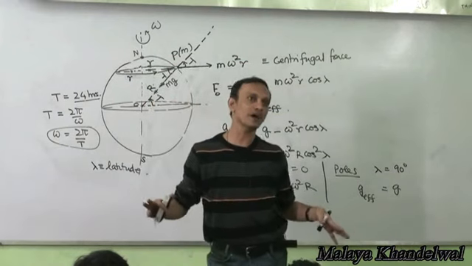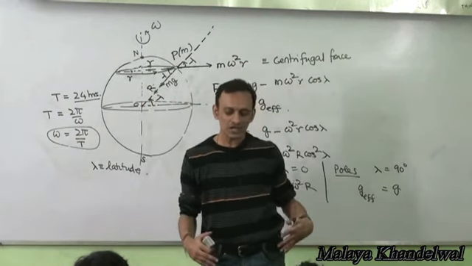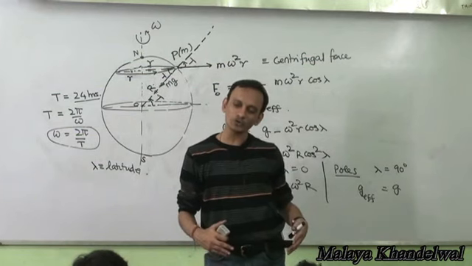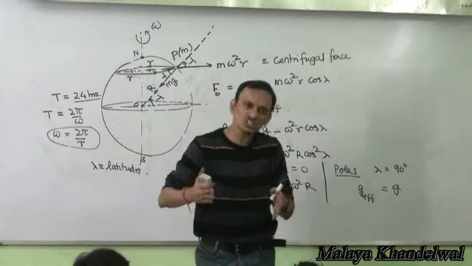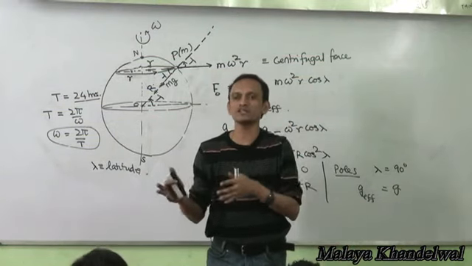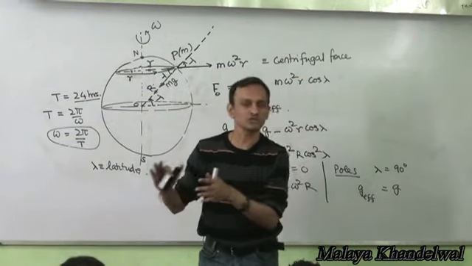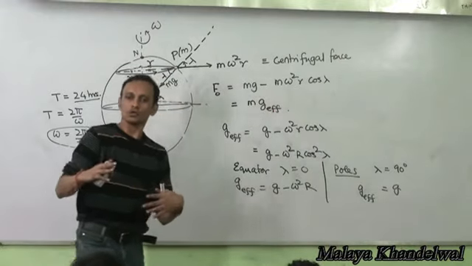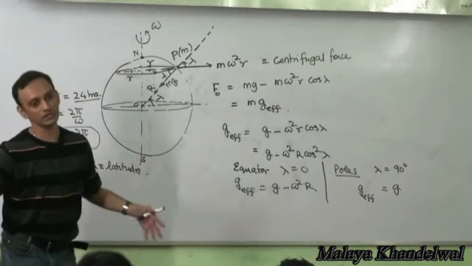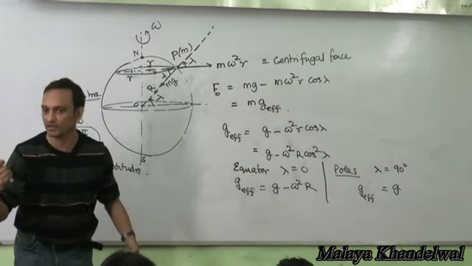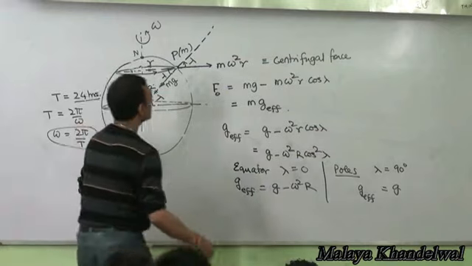But if you look at the wider view, why we don't look at it with importance is because this 21.72 kilometers is small compared to 6,400 kilometers, which is the radius of the earth. So this small variation in the radius at the poles and the equator can be ignored. So this is how g varies because of omega at different points on the earth, chosen out of various values of lambda, the latitude.